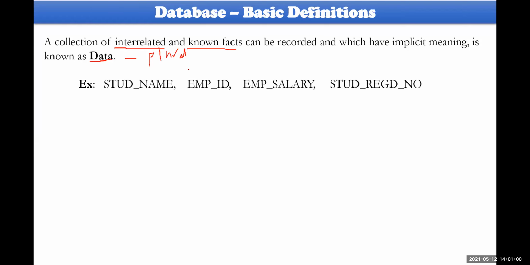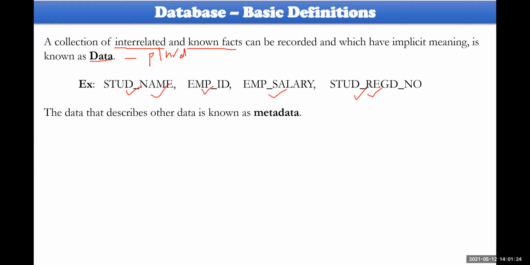Then data will be seen something like this: any student name, employee ID, employee salary, or student registered number. I have given some three to four items here, which are related to different systems. Two are related to students, and these two will be related to employees.